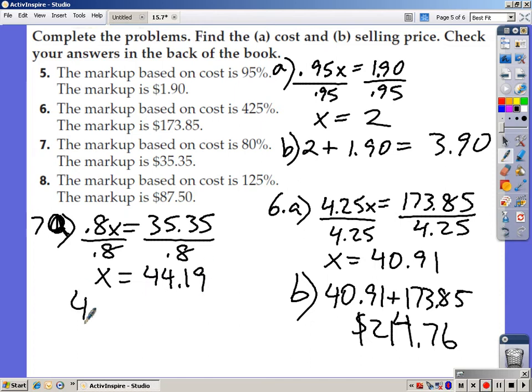Take 44.19 plus 35.35, and you get 79.54. Okay?